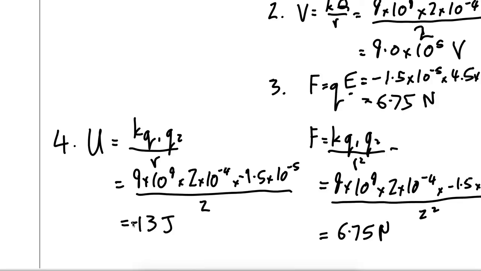That means that by bringing this closer, we are not doing work on it, we are having work done by it because it's trying to get closer. Does that make sense? If we had two oppositely charged particles at distance infinity from one another and we bring them closer together, that's what they're trying to achieve.